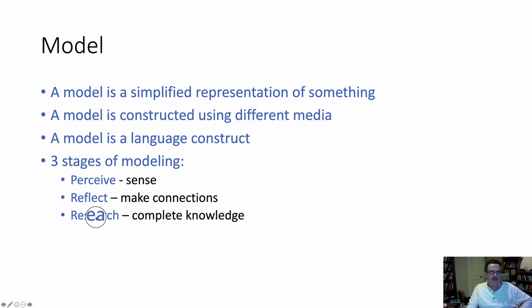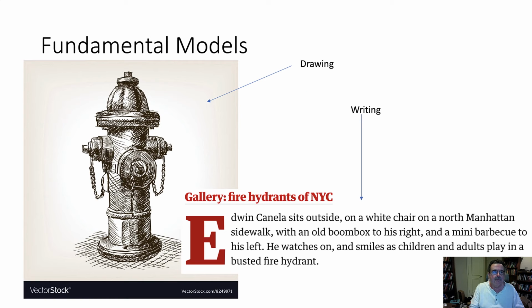And finally, we do research in order to complete our knowledge about something. We perceive something, but it may not be complete. We need to do our homework and find out how we can model the thing that we're talking about in more detail. So an example that we're going to be using is a fire hydrant, through some of these slides.